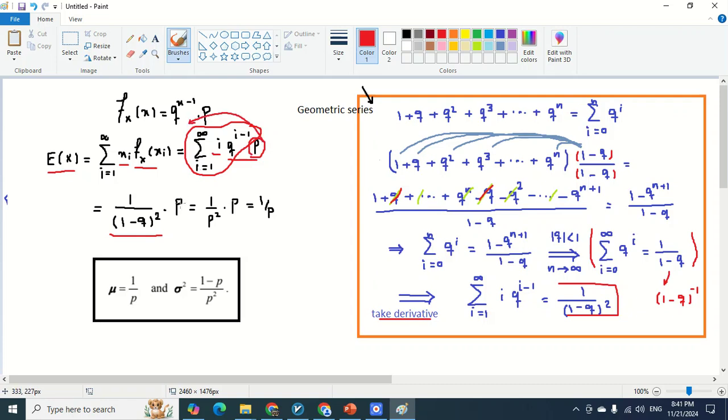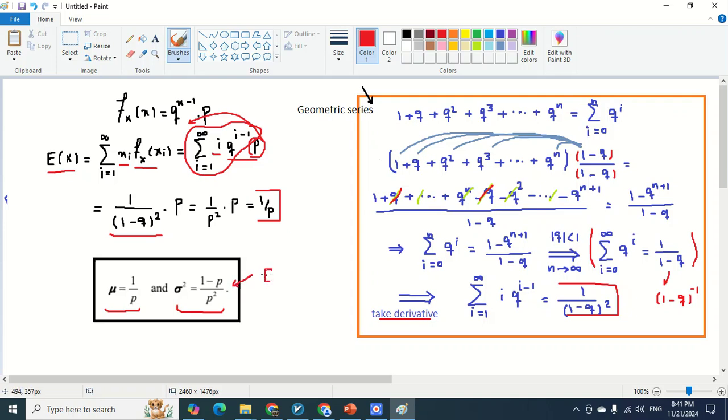So we have p times this expression, and 1 minus q is equal to p. So we have 1 over p squared times p, which reaches 1 over p. So the expected value for the geometric distribution is 1 over p, and the variance will be 1 minus p over p squared.